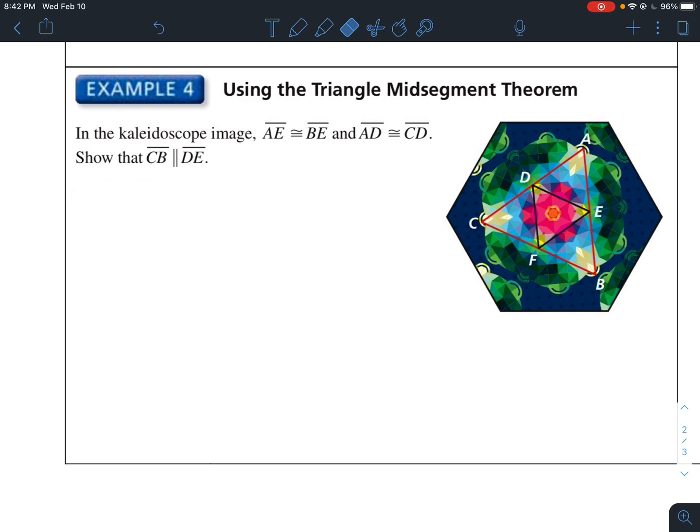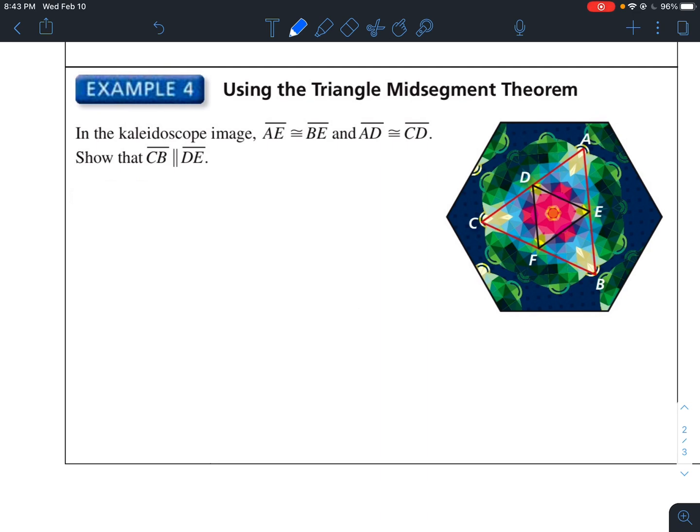It follows from the definition of midsegment, because this would have to be a midpoint and this would have to be a midpoint. So that means this line connecting them is a mid-segment, okay? And because it's a mid-segment, then it follows from the theorem that CB is parallel with DE, okay?